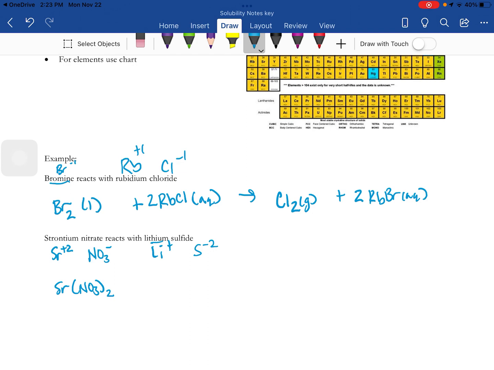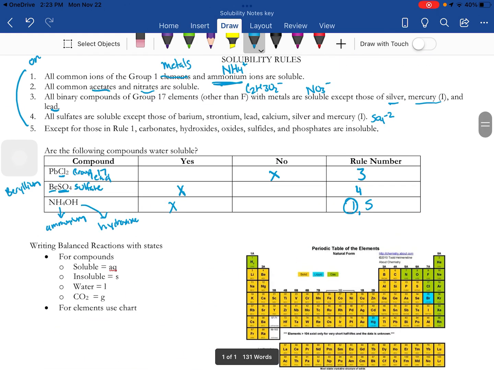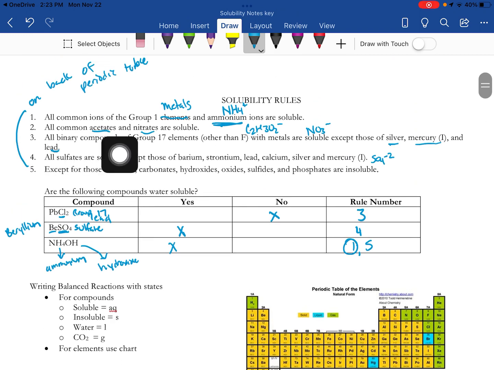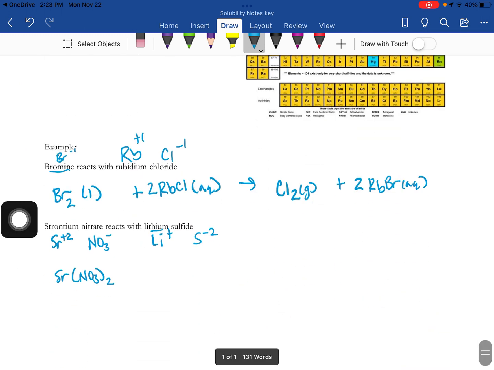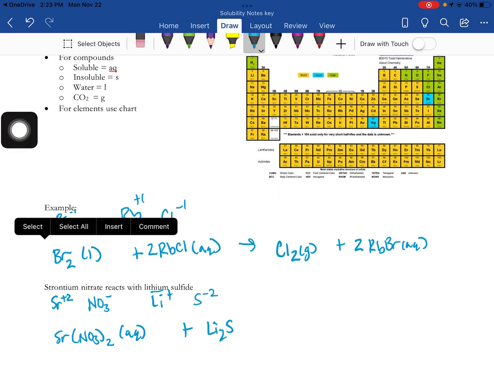That's a compound. So we have a nitrate, so that's going to be soluble. So we'll put an aqueous behind it. Plus your Li and your S, that 2 needs to cross over, so we'll get Li2S. We've got lithium, which is your group 1, so that's going to be soluble, so that will be an aqueous.